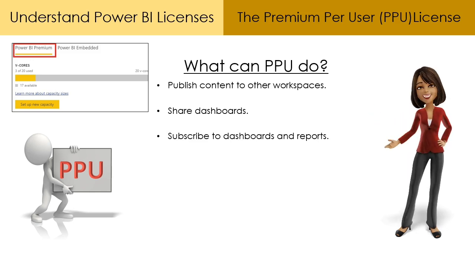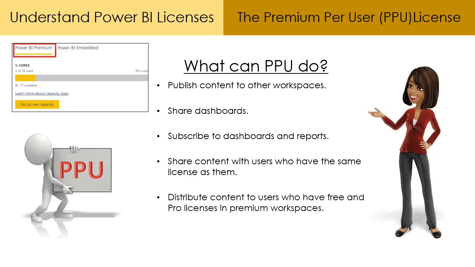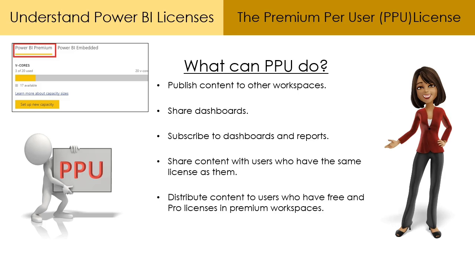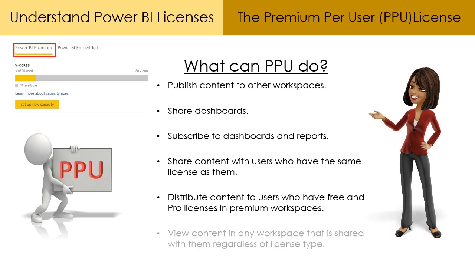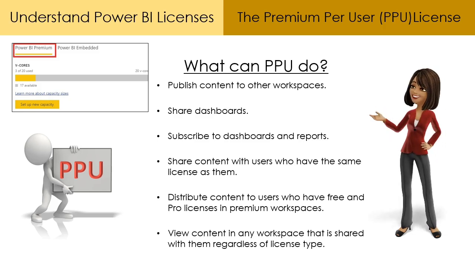With a PPU license, users can share content with other users who have the same license as them, and distribute content to users who have free and pro licenses in premium workspaces. What's more, users can view content in any workspace that is shared with them regardless of license type, and utilize paginated reports and AI capabilities.